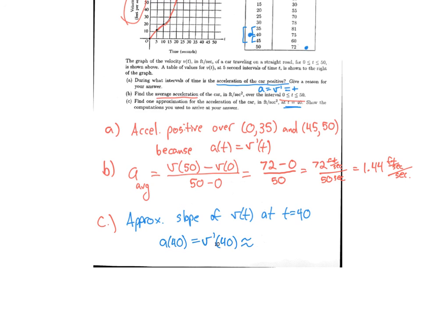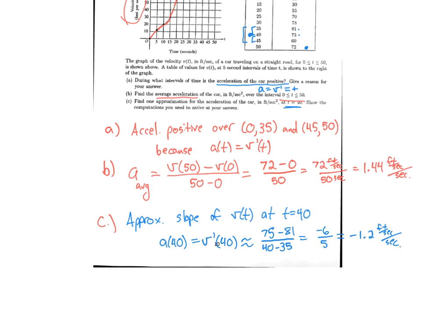So I would have 75 minus 81 over 40 minus 35, and I'm getting those numbers from the table. Again, this is just the approximate slope. I have no way of knowing the actual slope at 40 because I don't have an equation, but we can approximate the slope by using values from the table. So that would give us negative 6 over 5, which is negative 1.2 feet per second per second.